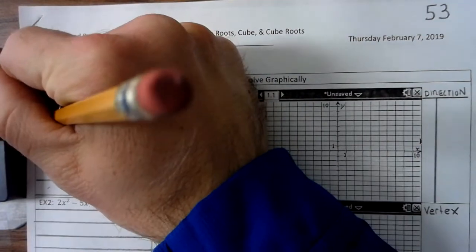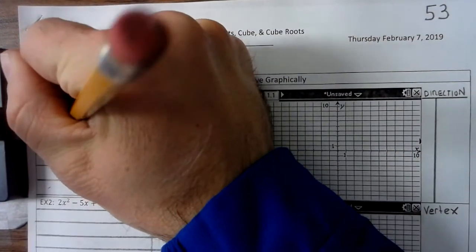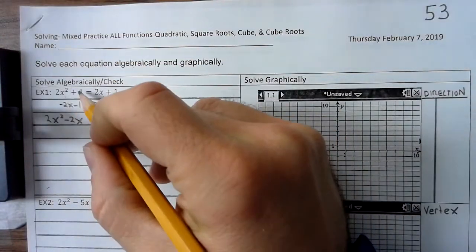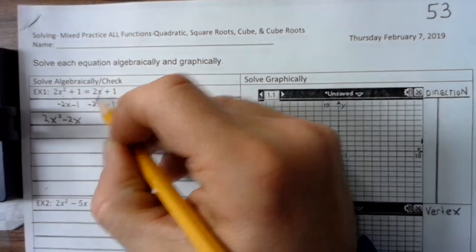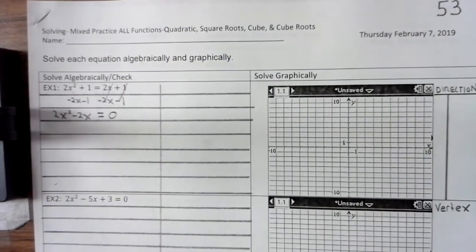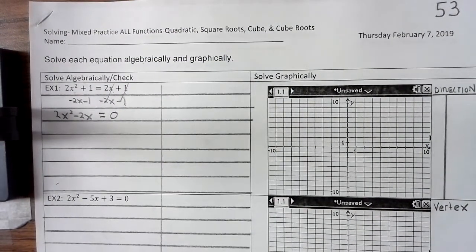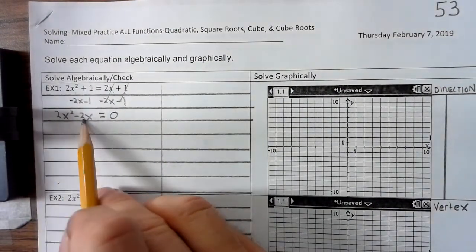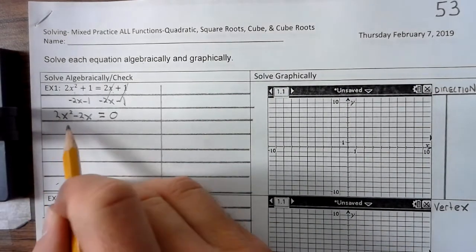Okay, so we have 2x squared minus 2x. The 1 minus 1 is 0. Those are 0, so that equals 0. Okay, here it looks like we can factor out a 2, and actually a 2x.